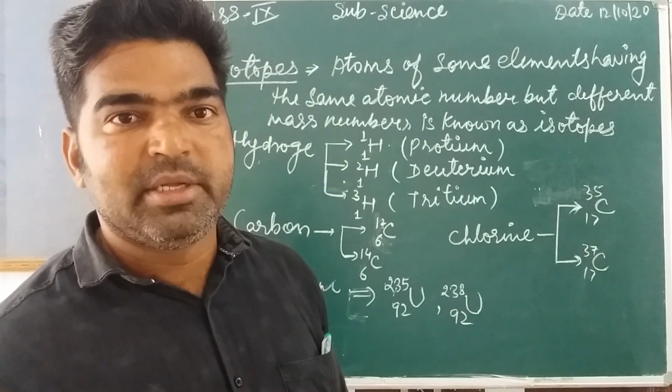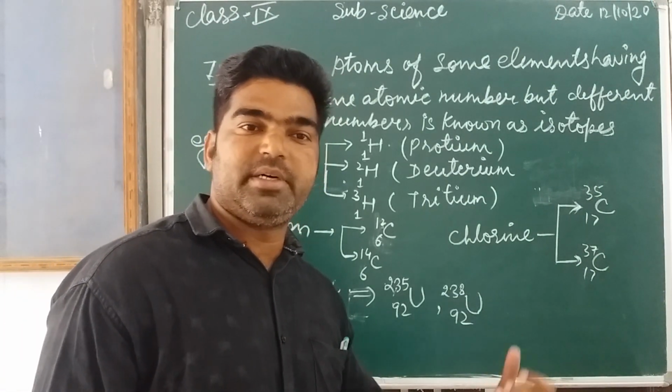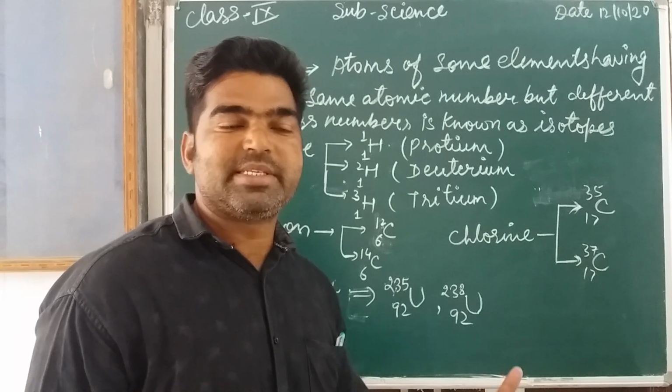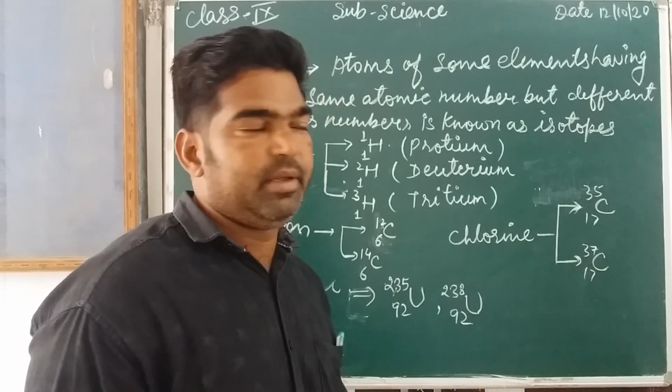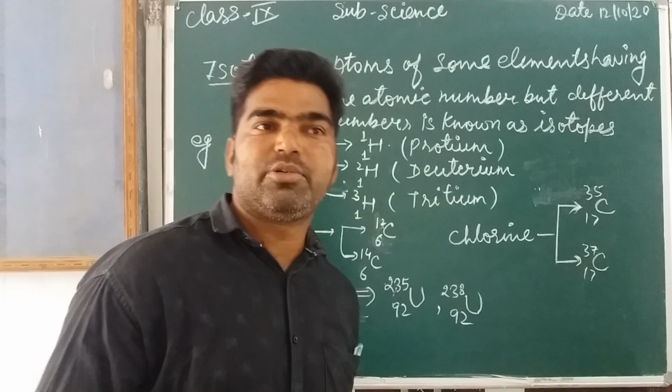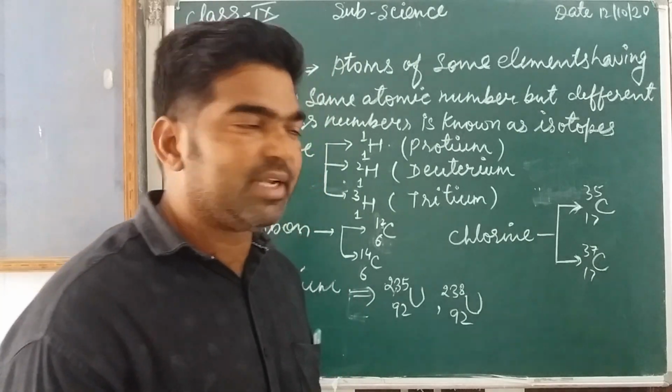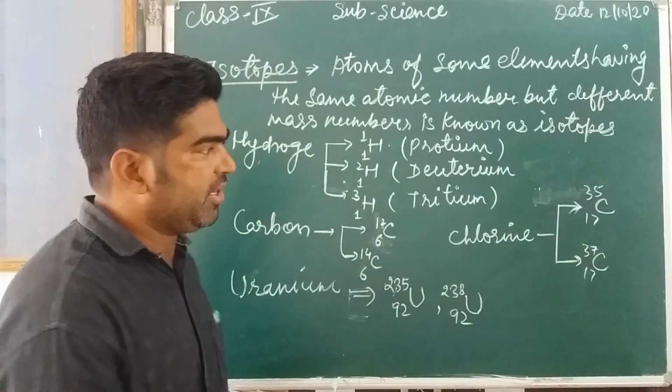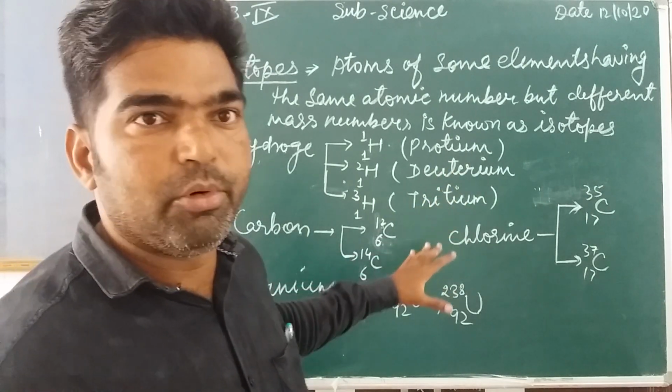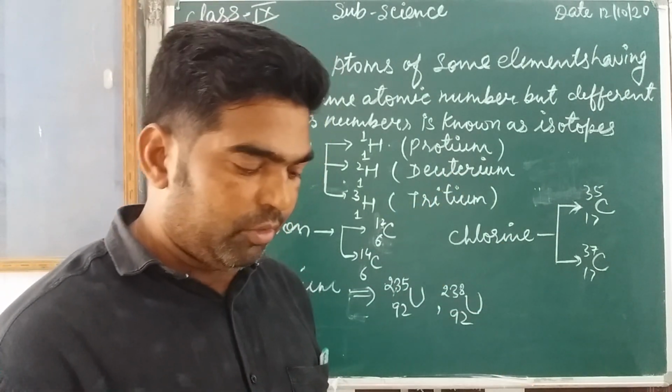Oxygen also has different isotopes, 16, 17 and 18. Neon too, so there are many isotopes. Some examples I have already discussed and wrote on the board, so note them down in your notebook.